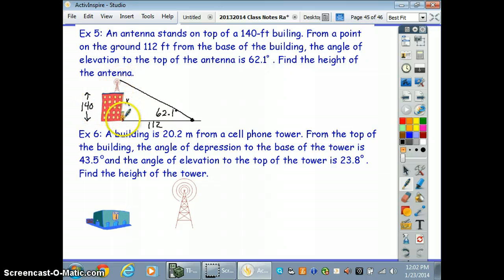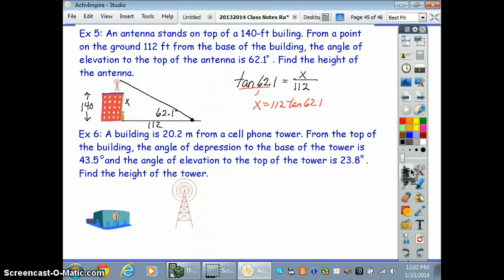So let's find the top of the antenna down here, and then we'll subtract the 140. Okay, so opposite, adjacent, tangent of 62.1 degrees equals opposite, which is x, over adjacent, which is 112. Cross products, x equals 112 times the tangent of 62.1.